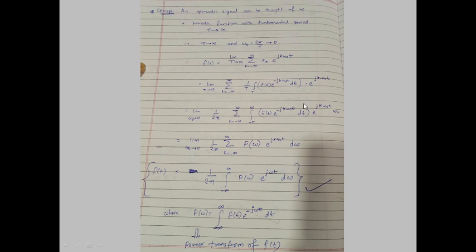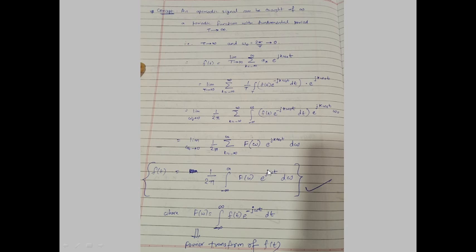Hence, considering the first integral, that is the circled region, as a separate function capital F of omega, the summation of e to the power j k omega naught t d omega can be thought of as an integral over every possible omega from minus infinity to infinity d omega. Hence now our aperiodic function has been decomposed into an integration of sinusoids.